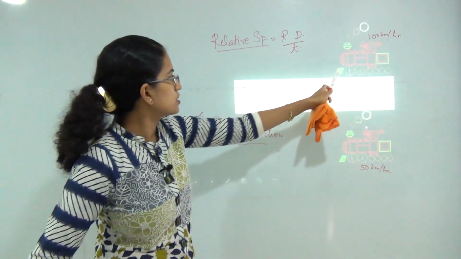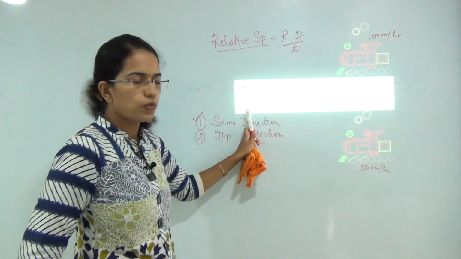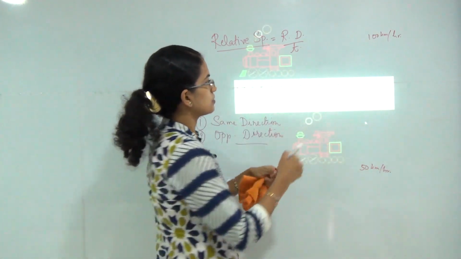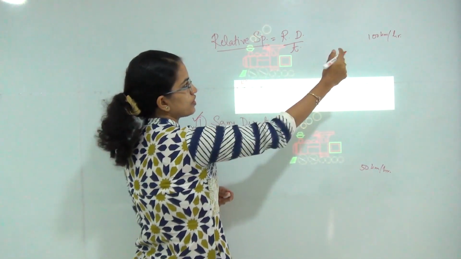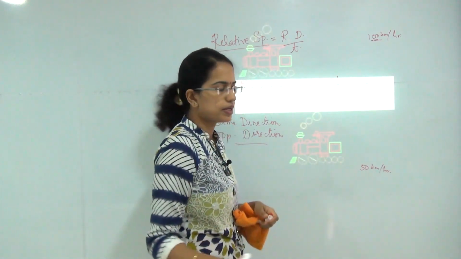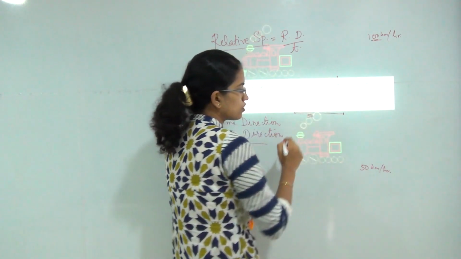This train would cover 100 kilometers, so that's from 50 to 150. As you can see in this slide, this train has moved 100 kilometers, while this train is at a speed of 50 kilometers per hour, so it has moved from 50 to 100, that is a difference of 50 here.